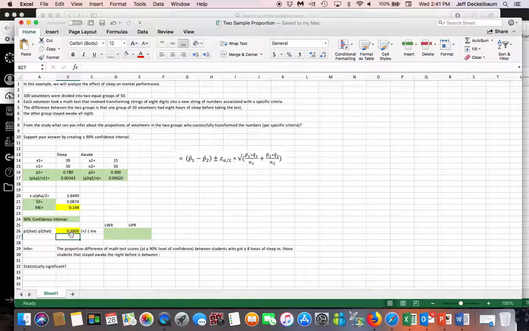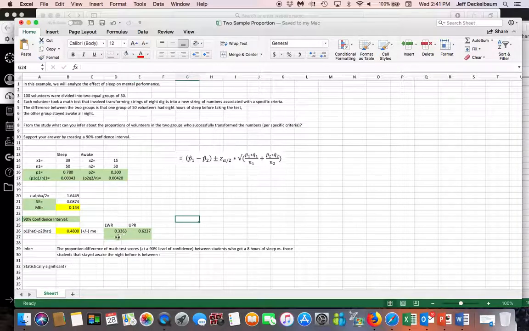This would be the point estimate, and now we're going to add and subtract the margin of error to get each one of these bounds. So the lower bound is equal to 0.48 minus 0.144, and the upper bound is the point estimate plus the margin of error.